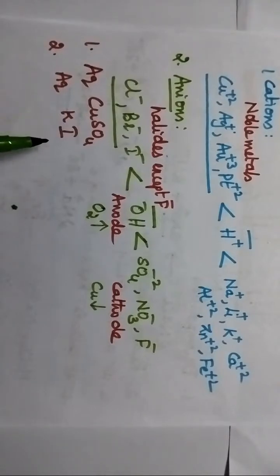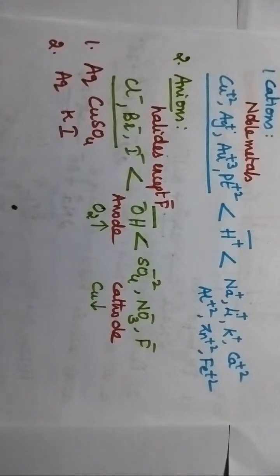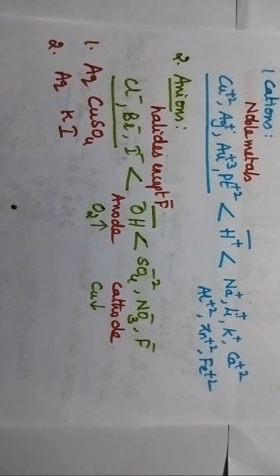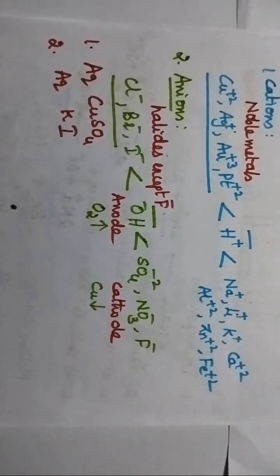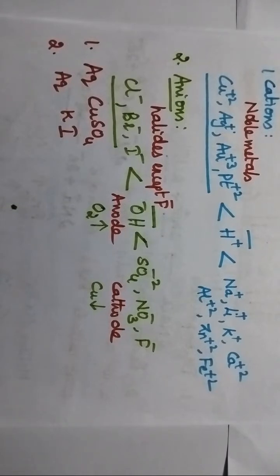Aqueous potassium iodide. On the electrolysis of aqueous potassium iodide, what are the products formed at the anode and at the cathode? Are you listening? Will you answer, or shall I move to the third case?